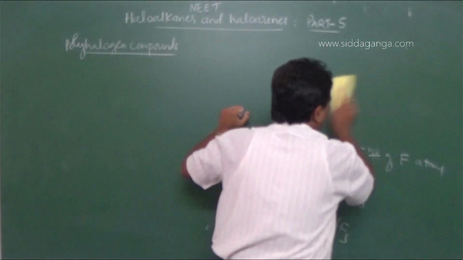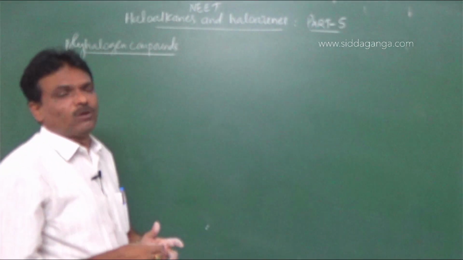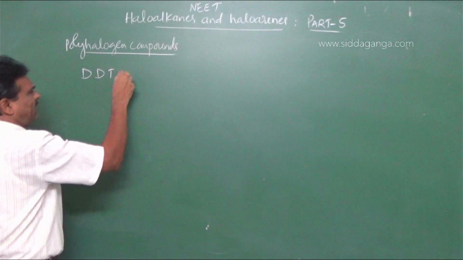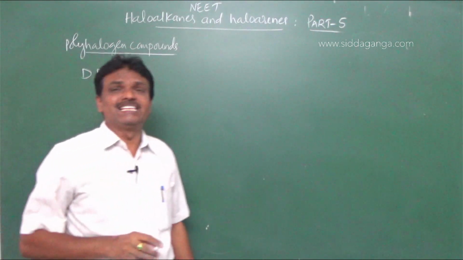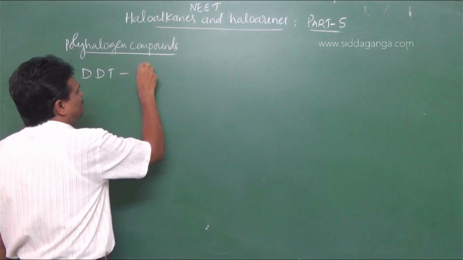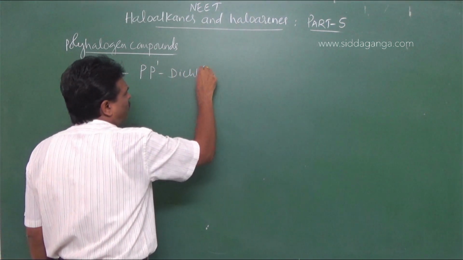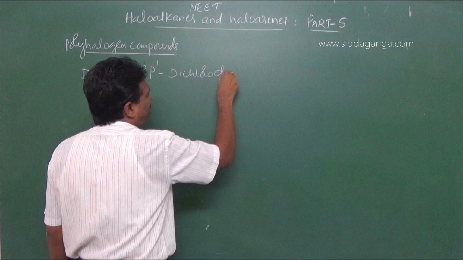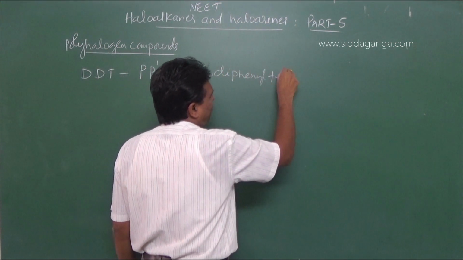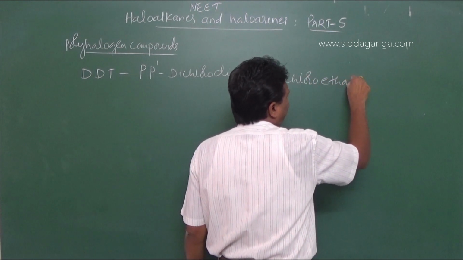DDT, dichlorodiphenyl trichloroethane. It is a powerful insecticide. So para-para dichloro diphenyl trichloroethane.